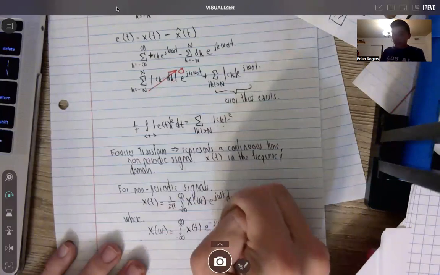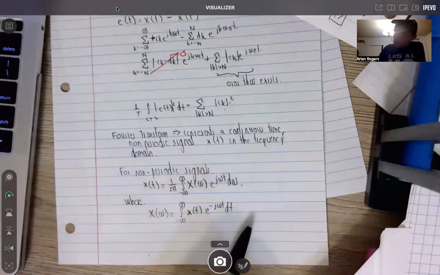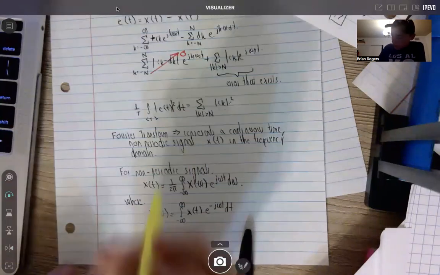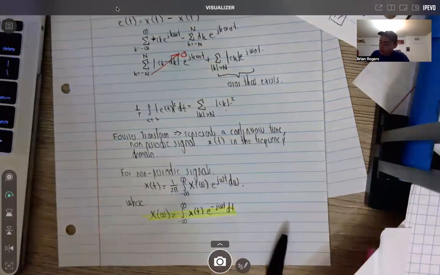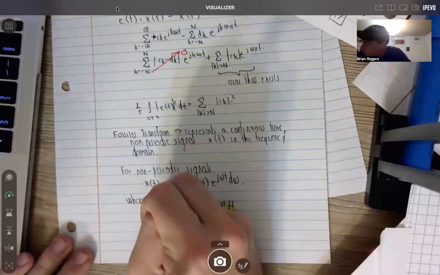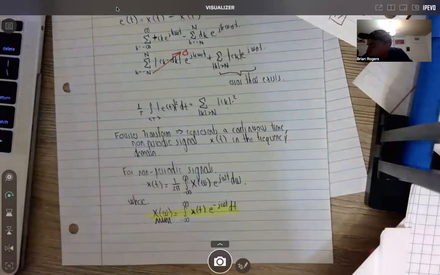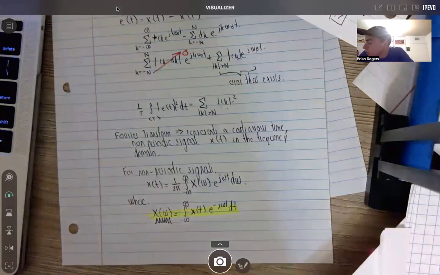And so this is the actual Fourier transform to be familiar with. You're going to see this throughout your entire career in EE from this point forward, so get used to it. So X of omega is called the frequency domain representation of x of t.